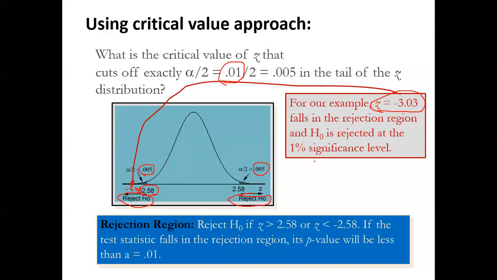So we must reject the null hypothesis at the 1% significance level. The 1% significance level is the one that has been given.